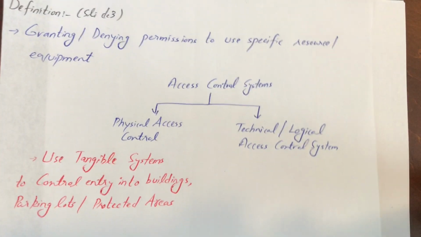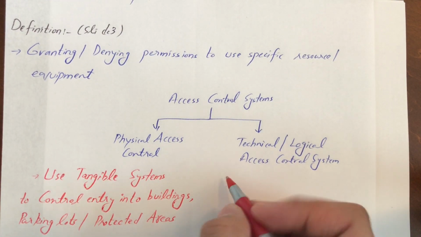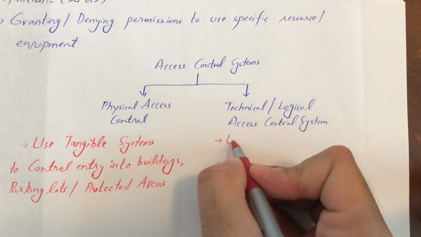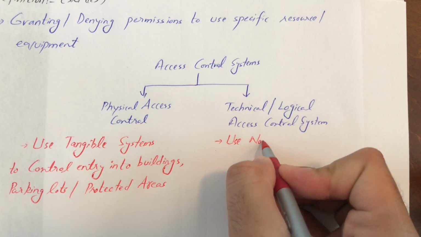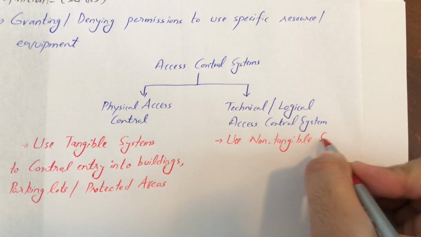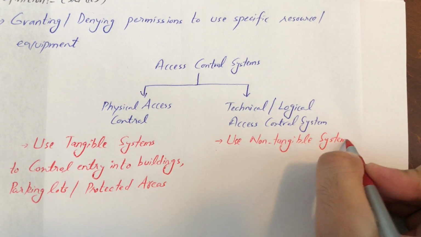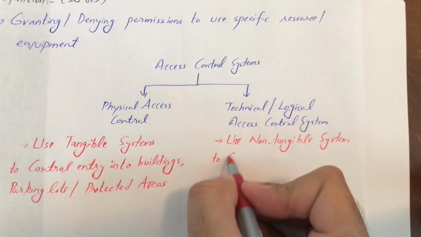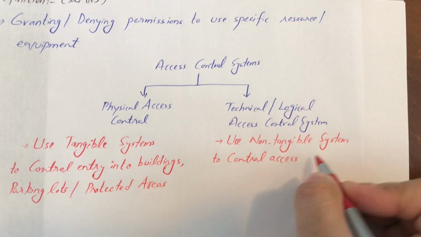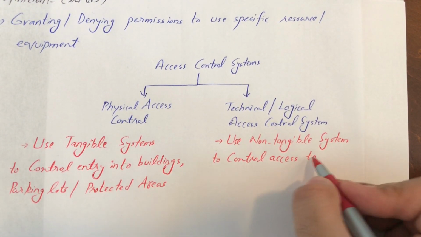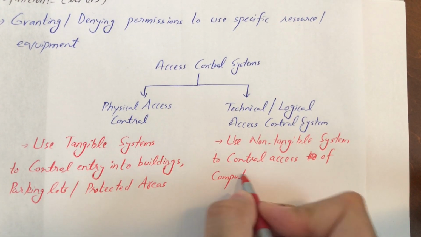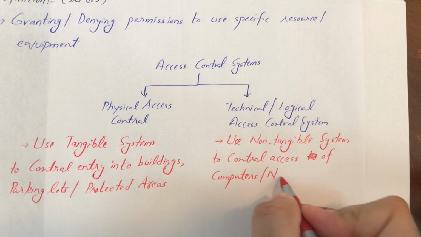While technical or logical access control, what are those? Basically, they use non-tangible systems, for example username and password, to control access of computers or networks.